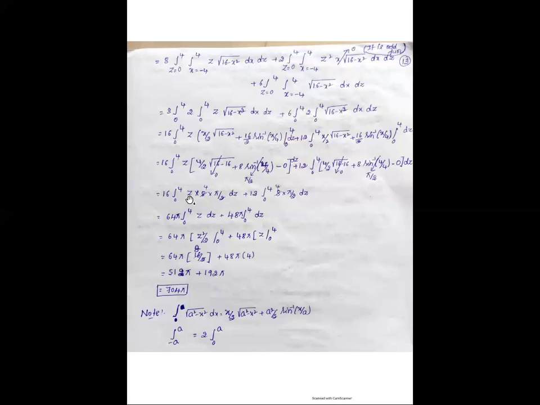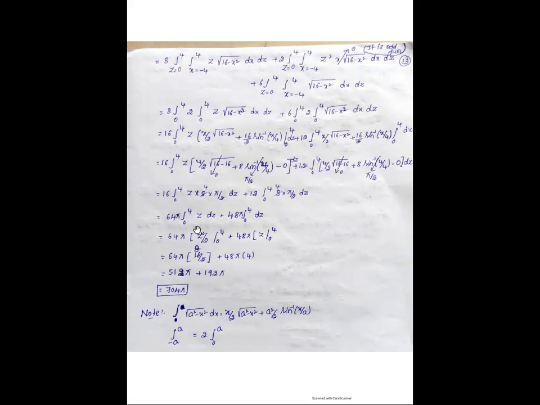Simplify: z into 8 into pi by 2 plus 12 into, with respect to z. Here simplify: 2 4s are 8, 16 into 4 is 64 pi, integral of 0 to 4 z dz, plus 12 into 4 is 48 pi into integral of 0 to 4 dz.